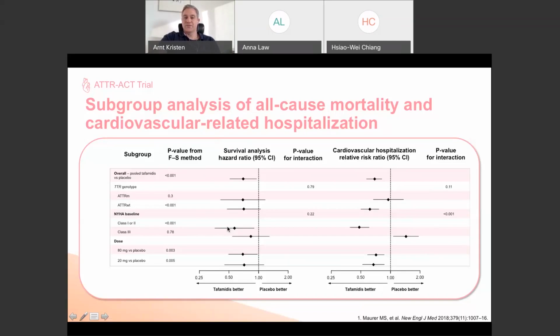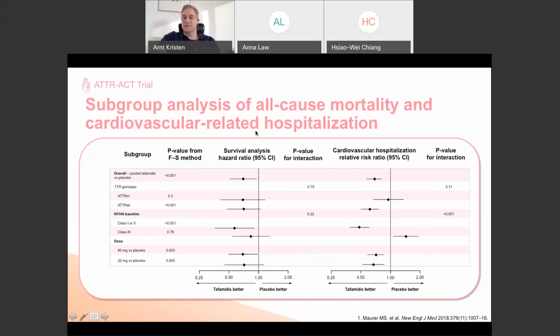Secondary endpoints were the change of the distance in the 6-minute walk test and quality of life measurements.